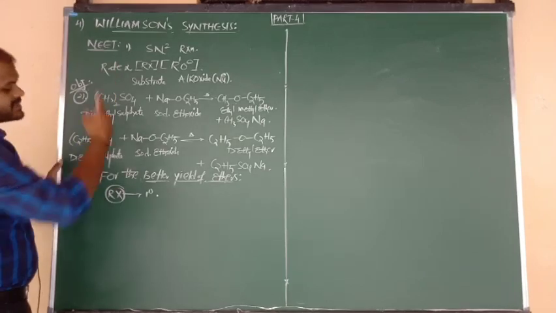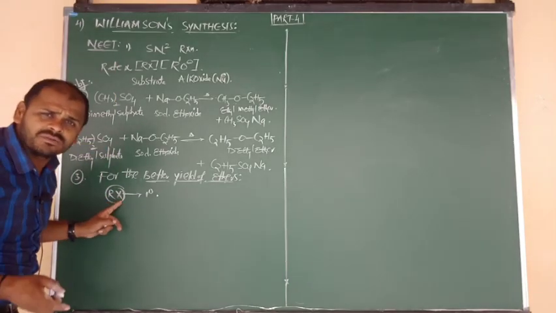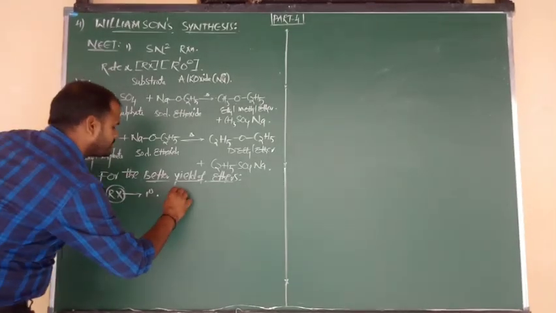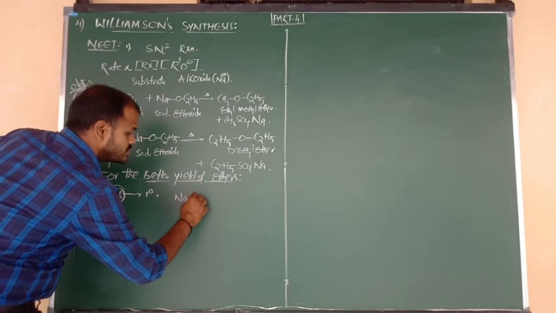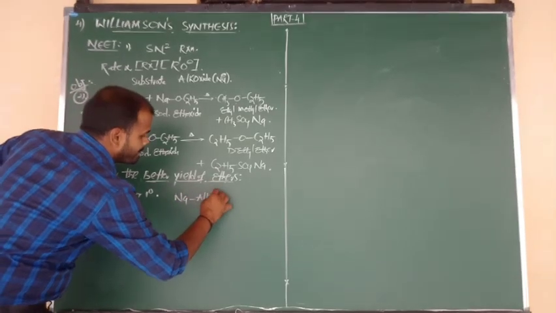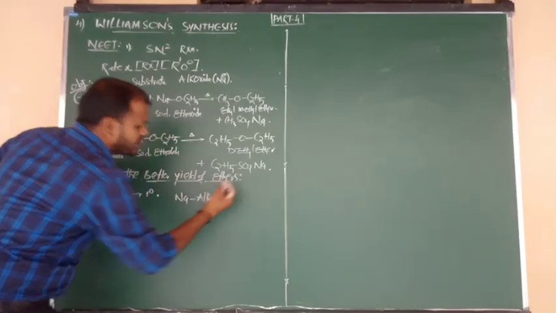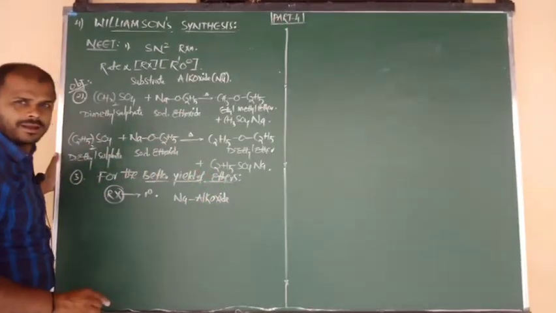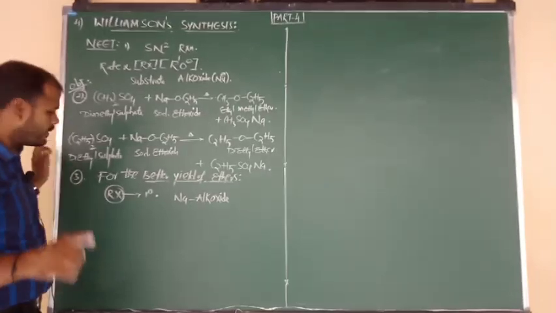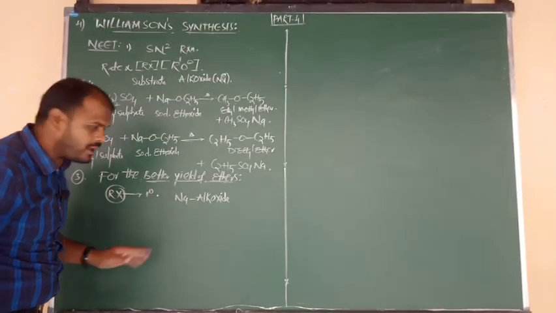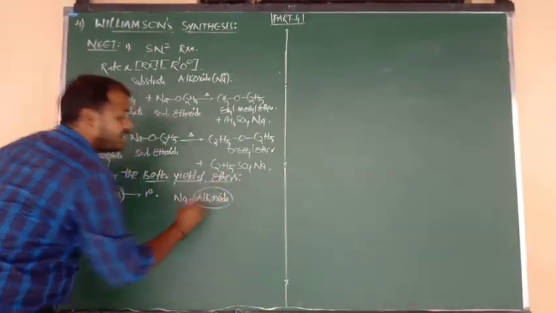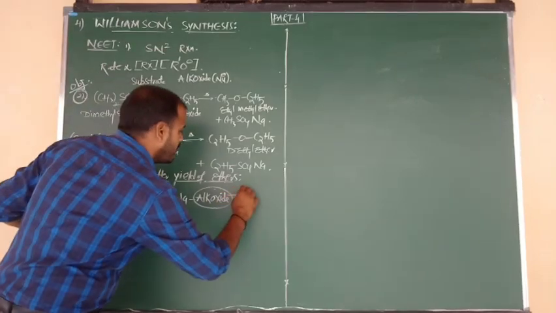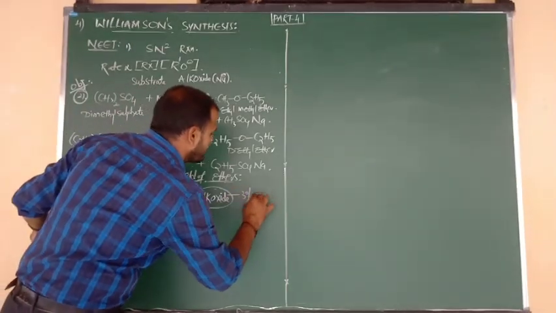As per Williamson, the alkyl halide undergoes reaction with what? Sodium alkoxide, or we can consider potassium alkoxide. And as per the rule, for a better yield of ether, the alkyl halide must be primary and the alkoxide ion should be either tertiary or secondary.